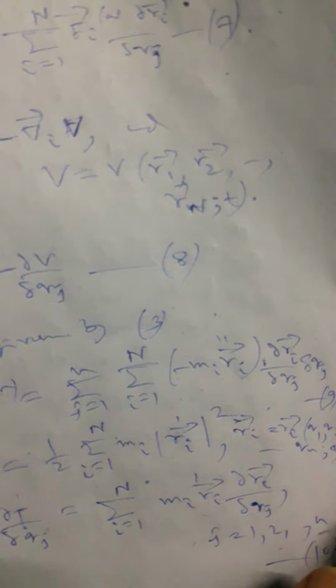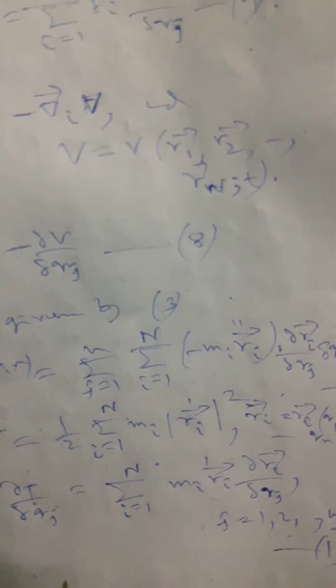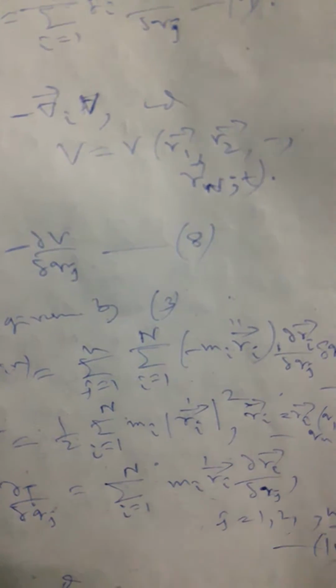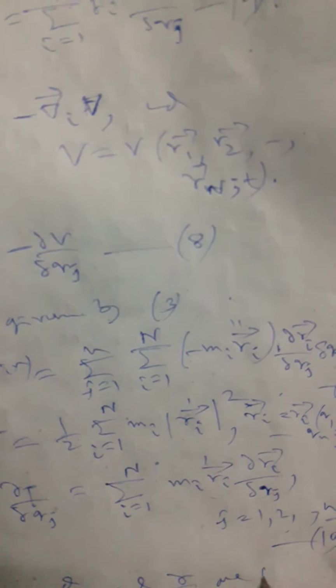And if we consider the operator commutative, that means d/dt and ∂/∂qj are commutative.